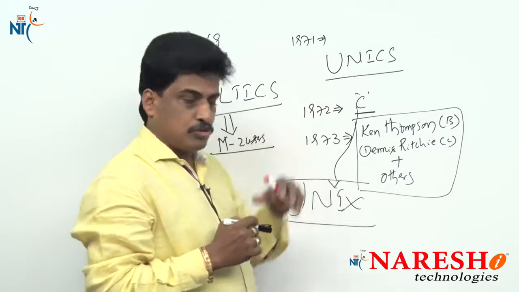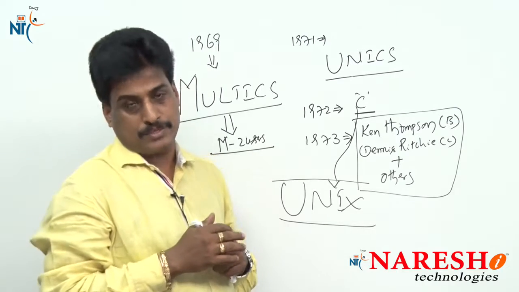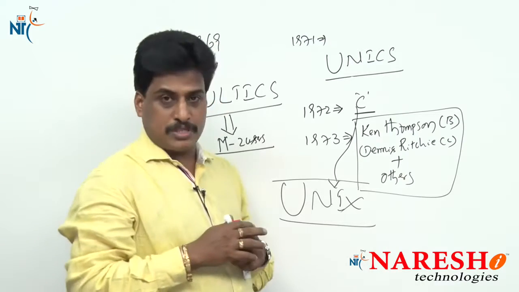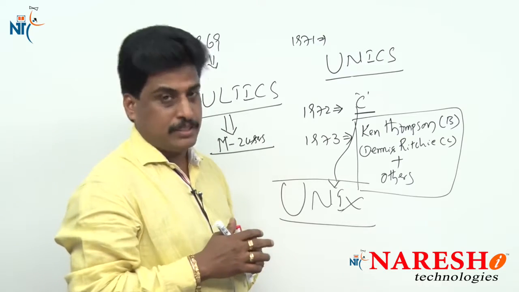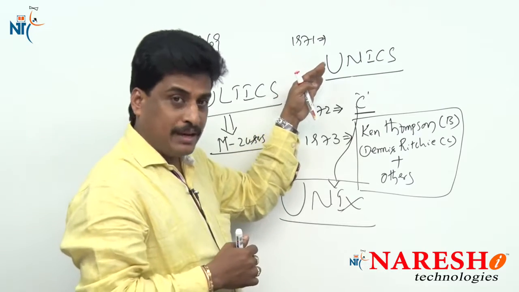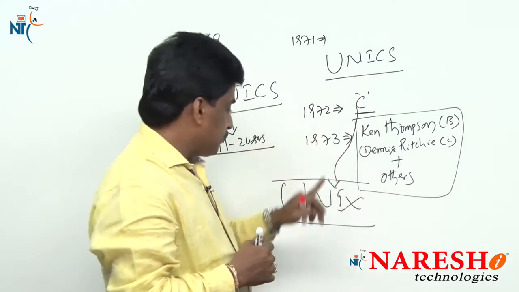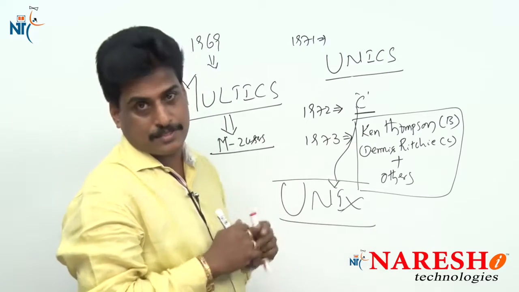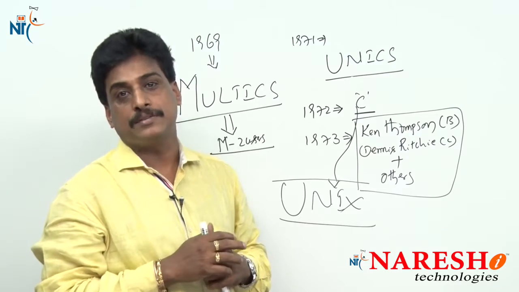Again, to recover those drawbacks, in 1973 a group of members led by Ken Thompson, B language father, and Dennis Ritchie, C language father, together with other members, re-implemented UNICS on C language and renamed it UNIX. This is the history of the UNIX operating system.